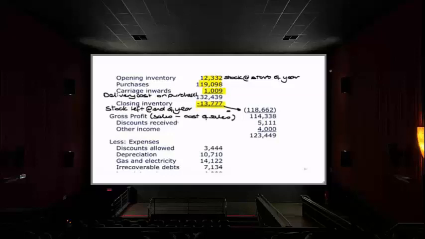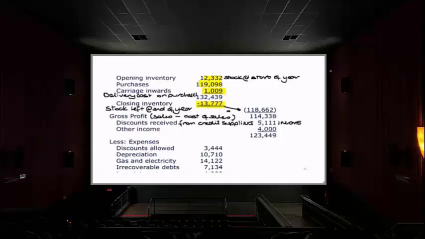Okay, so discounts received from credit suppliers, and when I mean credit suppliers, I mean we're promising to pay the supplier at a later date, but when we do pay them we get a discount. Well, that would be discounts received. That's income. That's a good thing to the business. So we'll write that in. That is income.